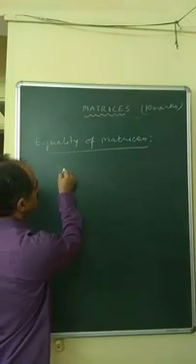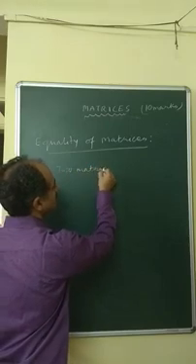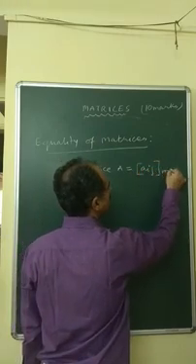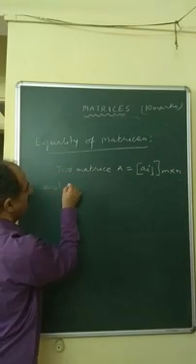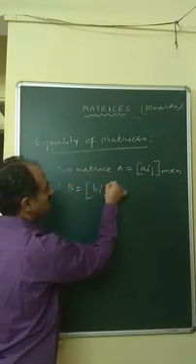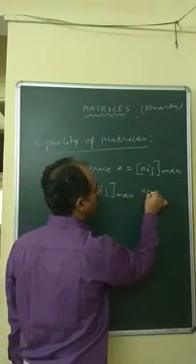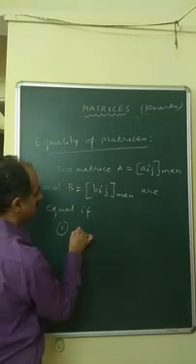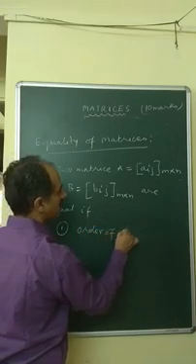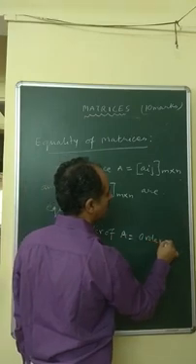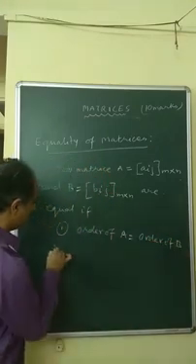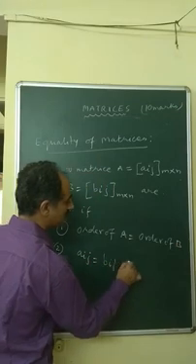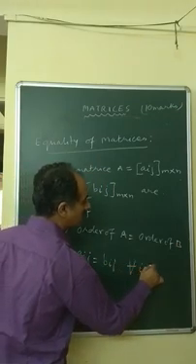Two matrices A equals Aij m cross n and B equals Bij m cross n are equal if, first condition, order of A equals order of B. Second condition, Aij equals Bij for all i, j.